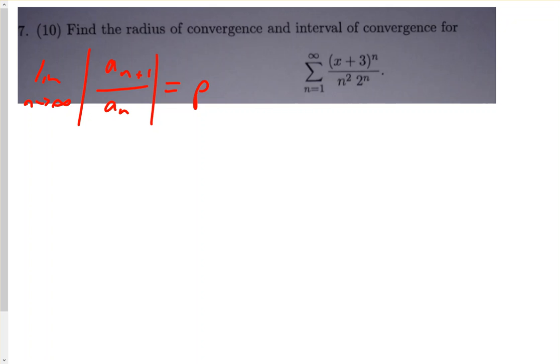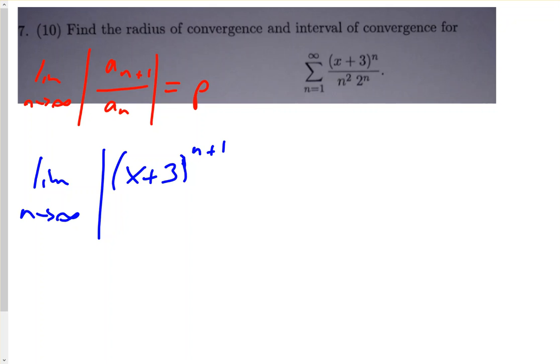Okay, so let's take the limit as n approaches infinity. So we have x plus 3 to the n plus 1 power over n plus 1 squared times 2 to the n plus 1.